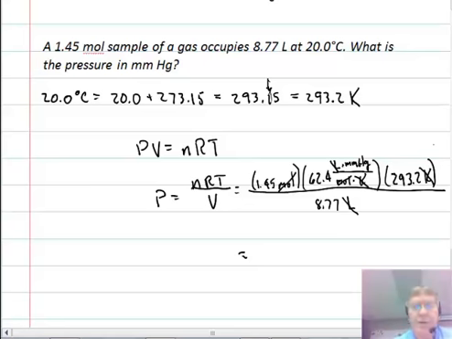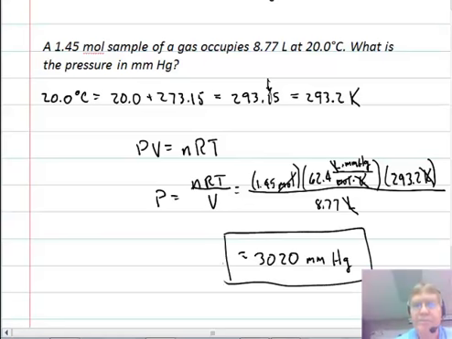Okay, doing the arithmetic then, and again to 3 sig figs, because we've got 3, 3, 4, and 3, so our answer should have 3. You come up with 3,020 millimeters of mercury. That's your answer for your pressure. Okay, so that is section 11.3.